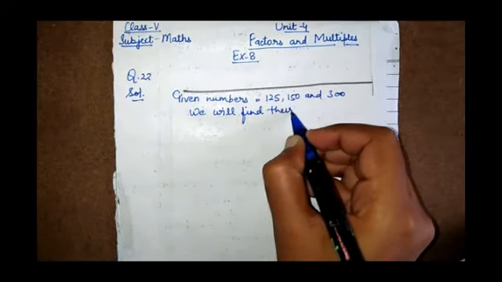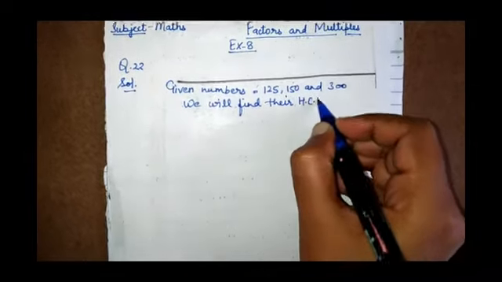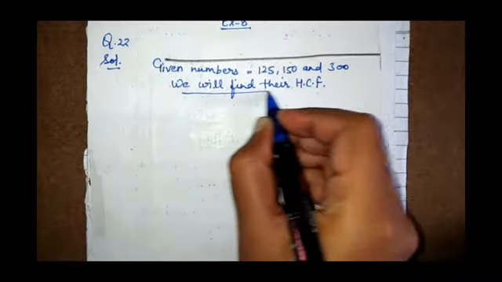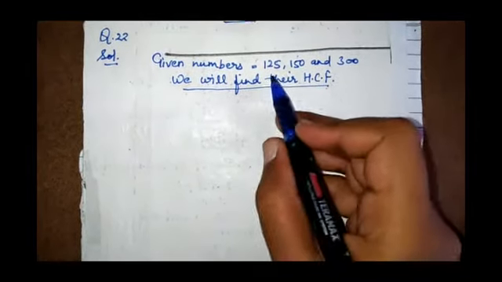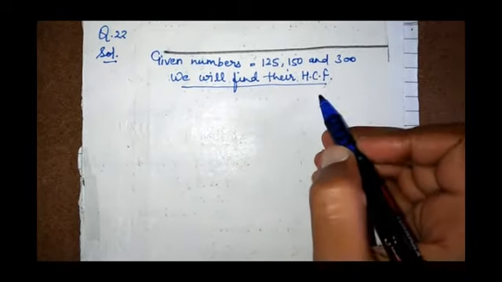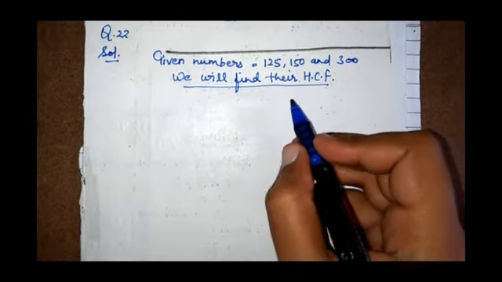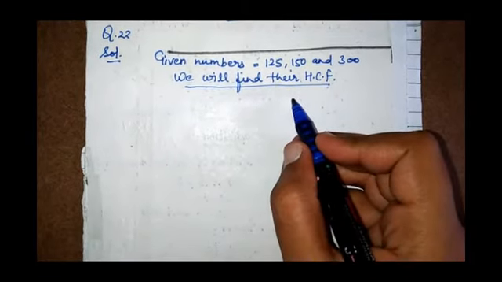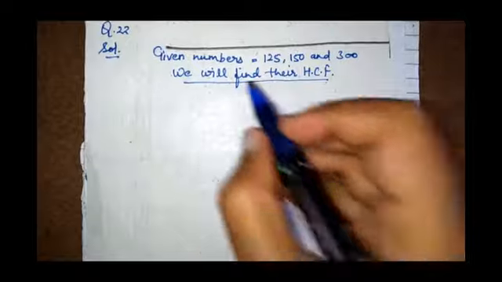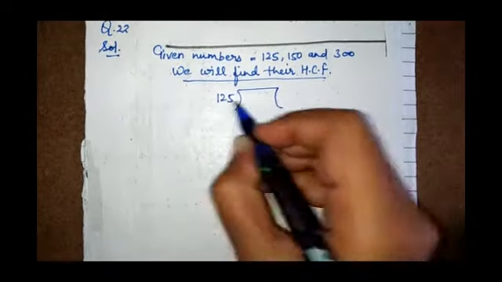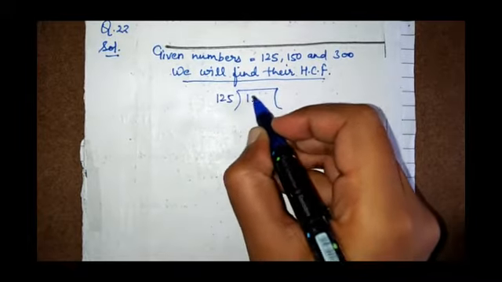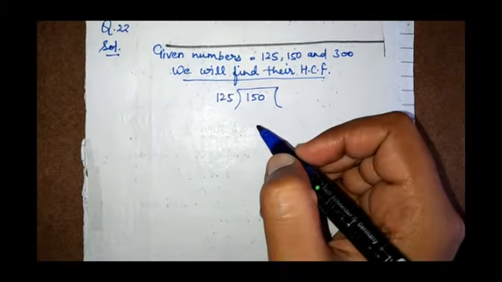Now we have identified that we will find their HCF. Okay, so we have learned 4 methods of finding HCF. As these are bigger numbers, I'll suggest doing the HCF by the long division method. So I'm doing it by the long division method. I'll take two numbers first, the smaller number as divisor and the bigger number as dividend.